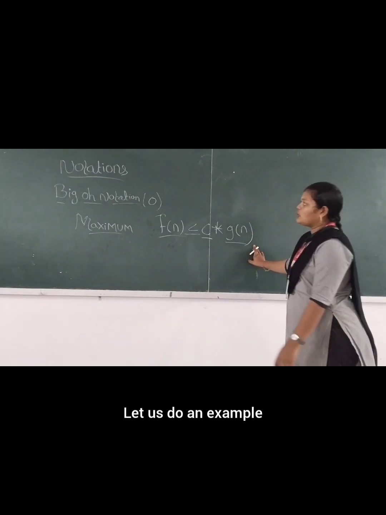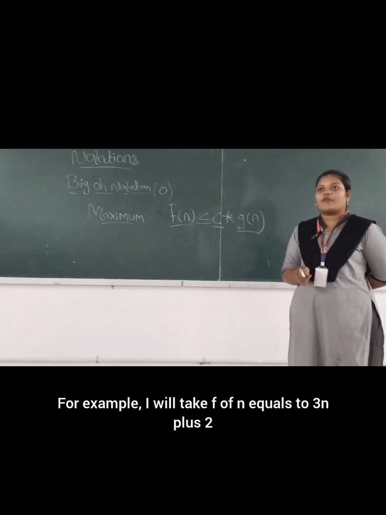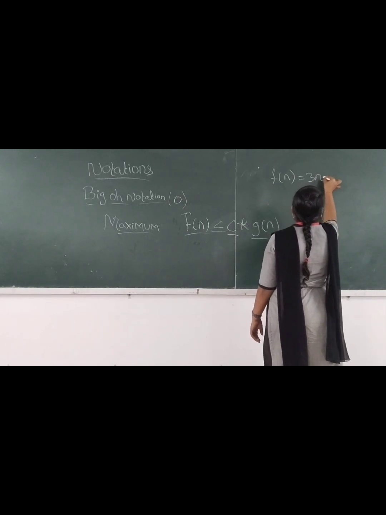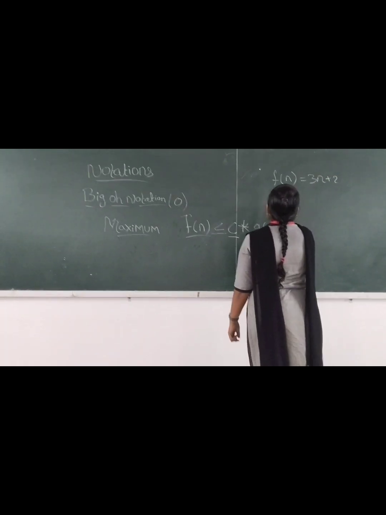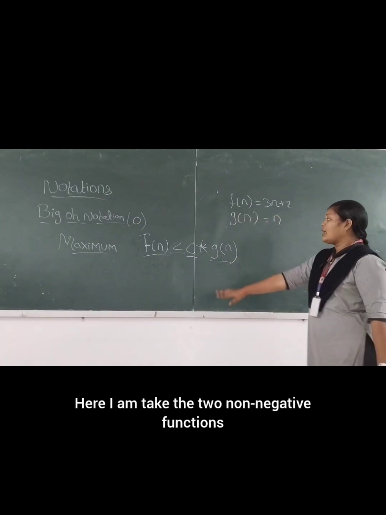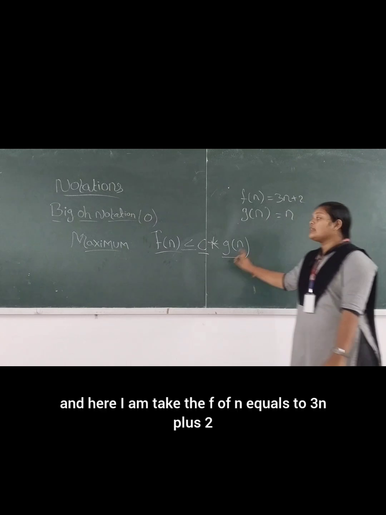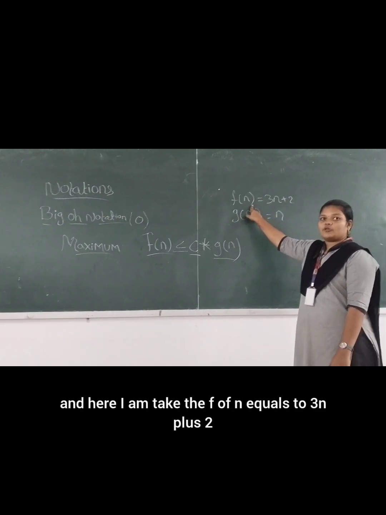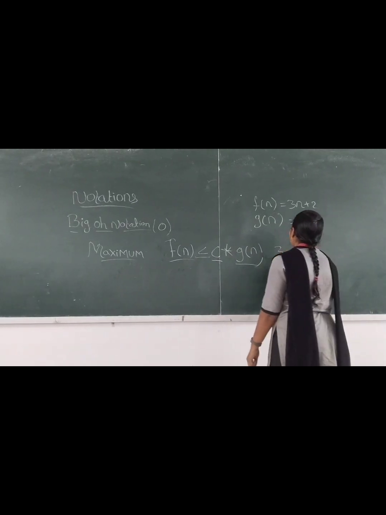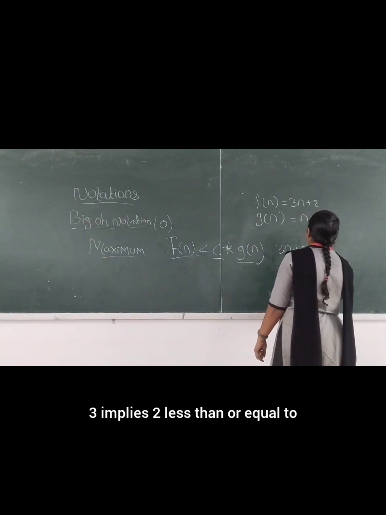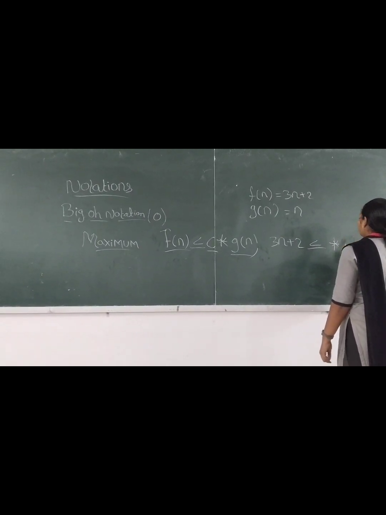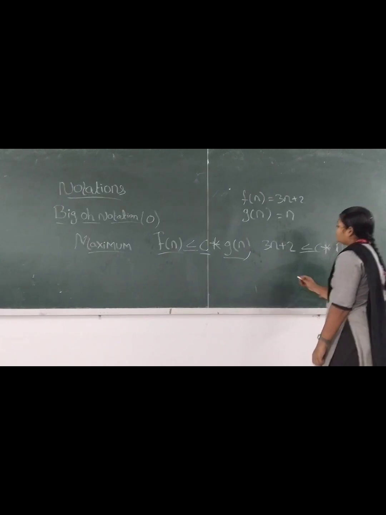Let us do an example. For example, I will take f of n equals 3n plus 2 and g of n equals n. So 3n plus 2 less than or equals to c asterisk n.